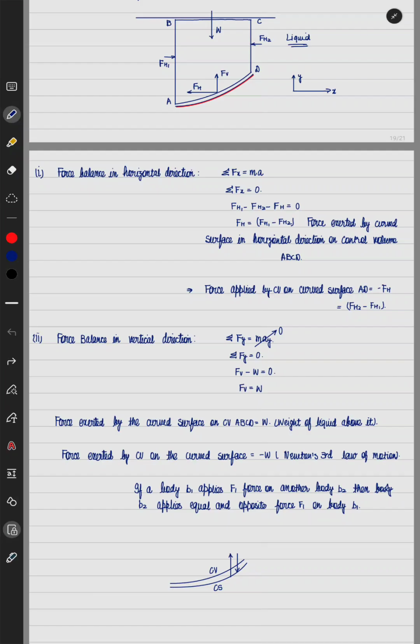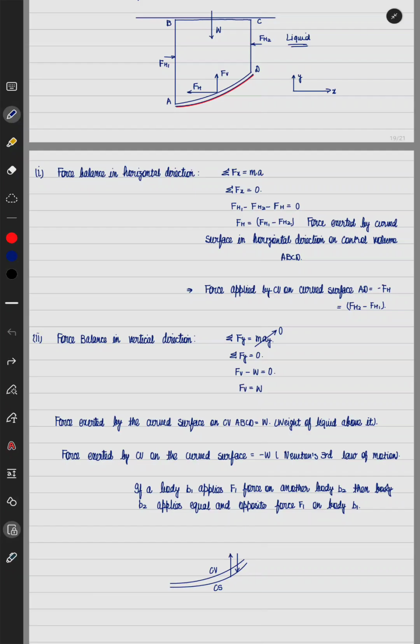So it is the pressure at the point which is at the center of A and B, multiplied with the total area of AB, which is a surface extending perpendicular to the sheet of paper. In the similar fashion, Fh2 is given by pressure at the center of C and D, and area of the element CD, which is extending perpendicular to the sheet of paper. So in that way I can find the force in the horizontal direction.